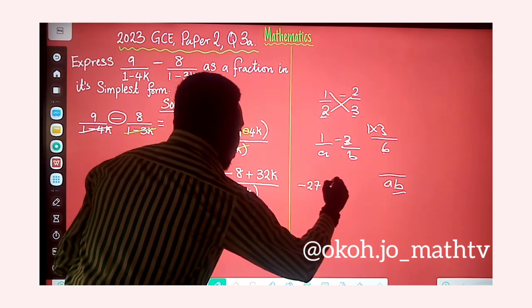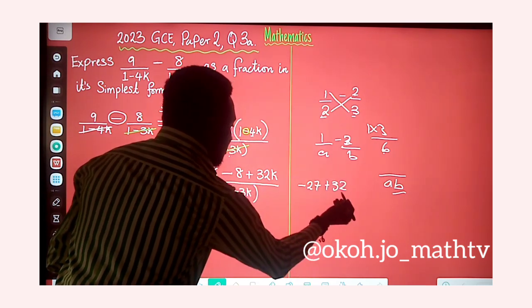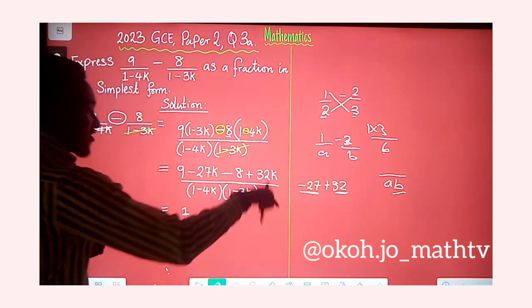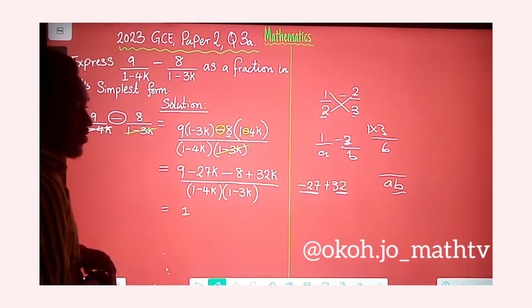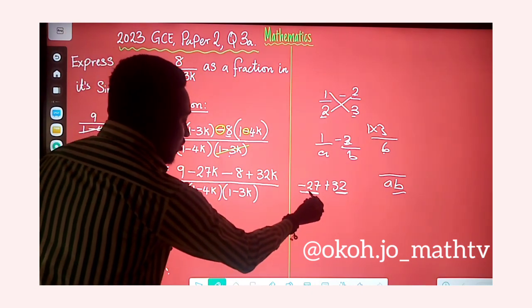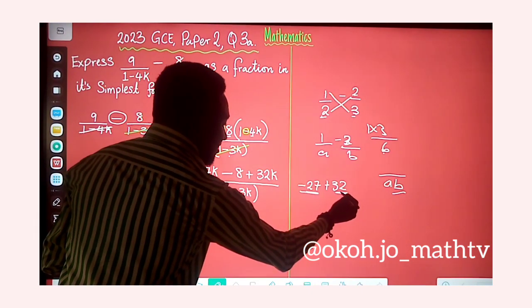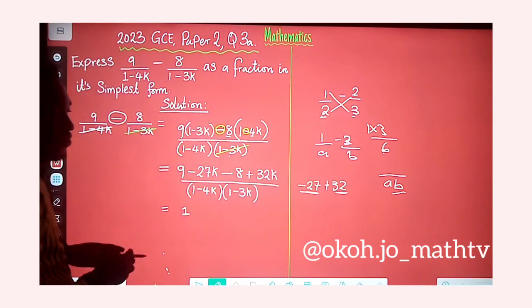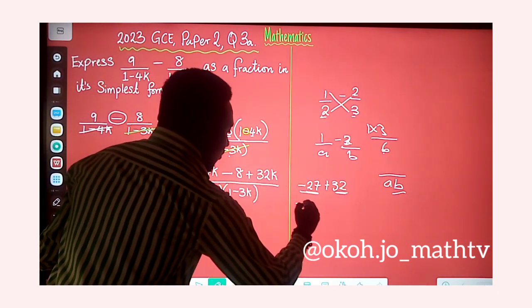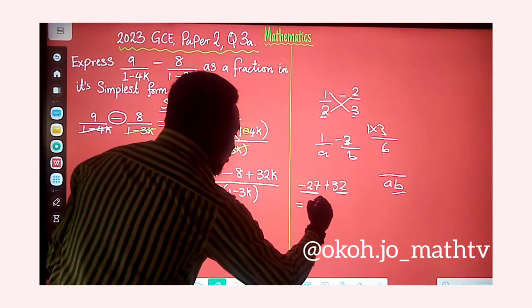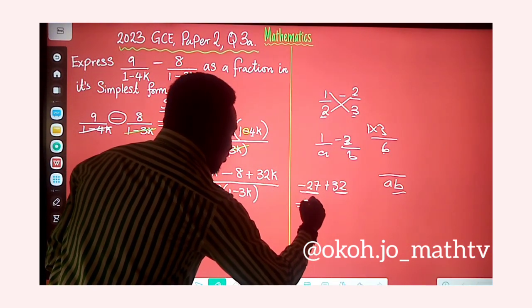So this negative 27 will reduce 32 by subtracting 27 from 32. It is like you're owing someone a debt of $27, and you've gone ahead to give the person $32 instead of $27. The person will be owing you an extra change of positive $5.